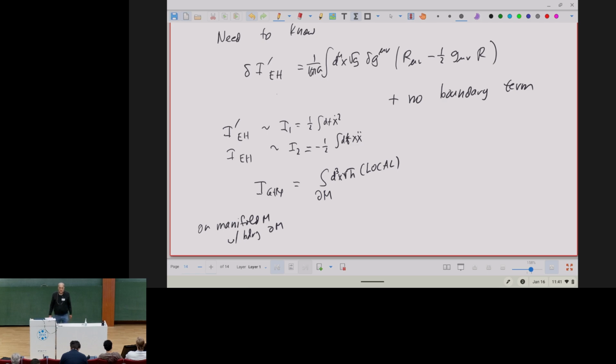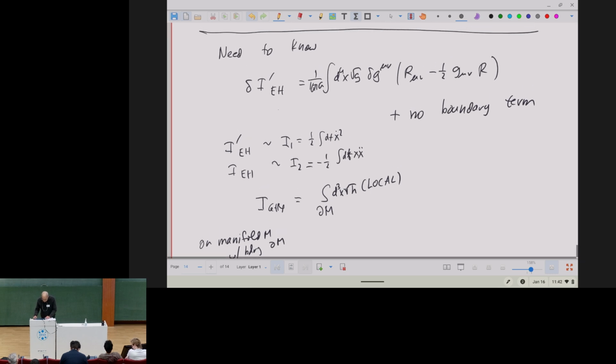We don't even need to know what the local thing is, we just need to know that it's the integral of something local. I think we're going to use that in a little bit. Yeah, we will. So we need to know these two facts.